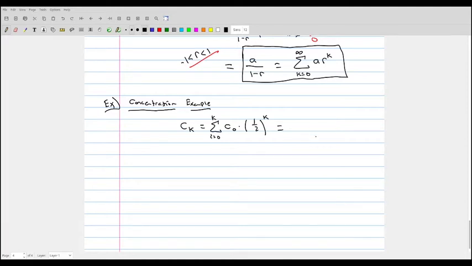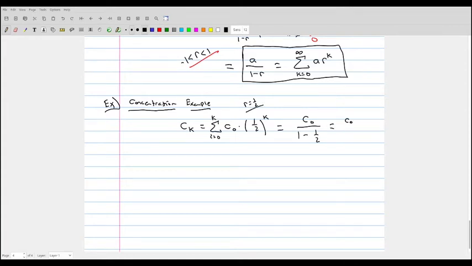We can immediately use our formula for geometric series. You recognize that this is in fact a geometric series, and thus the final concentration at infinity after infinitely many doses is going to be C naught over 1 minus 1/2, because our r value here is equal to 1/2.